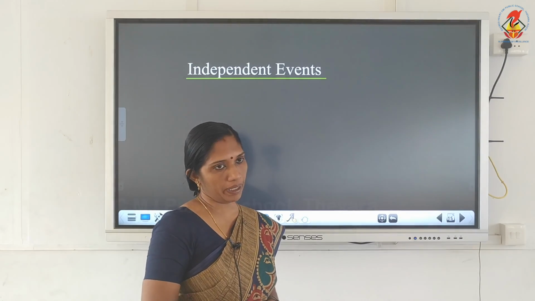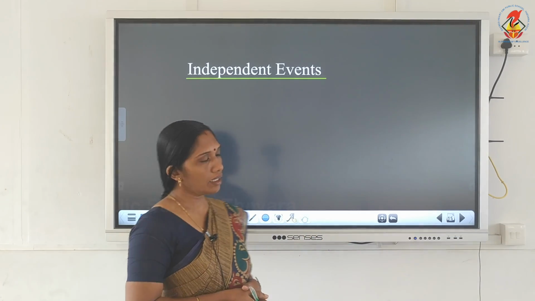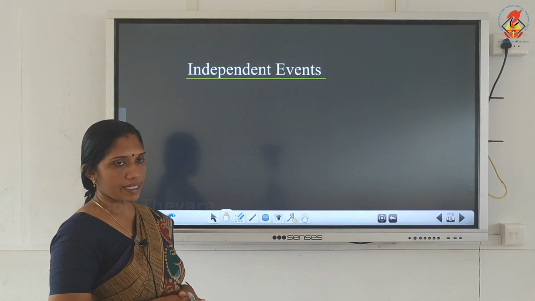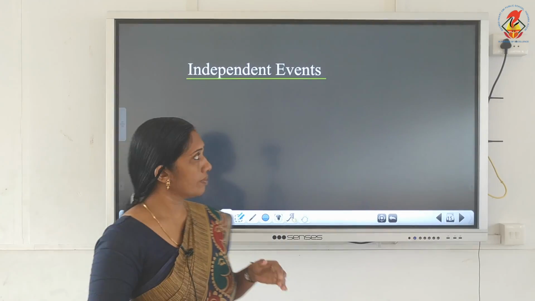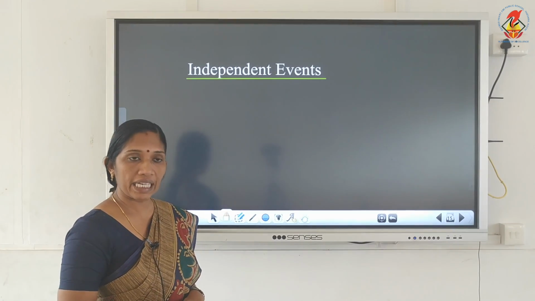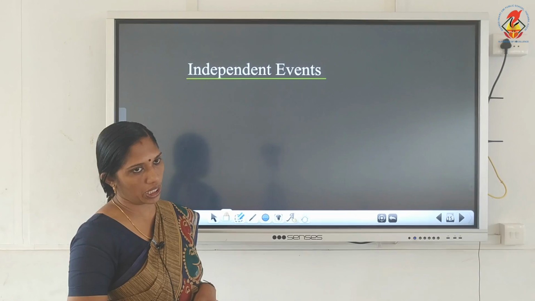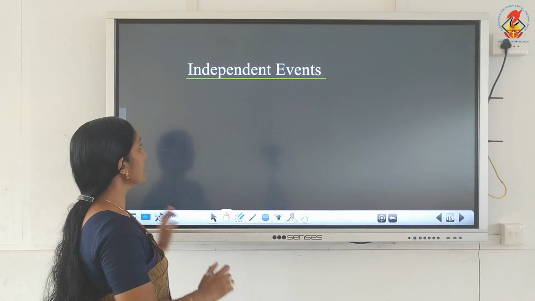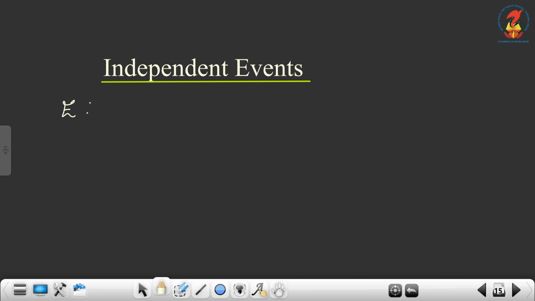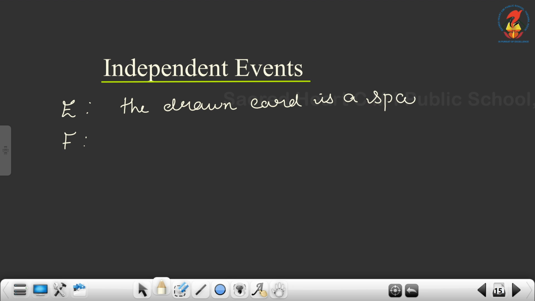They are not depending on each other. For example, consider the experiment of drawing a card from a pack of 52 cards, and let us define two events E and F. E means the drawn card is a spade, and F means the drawn card is an ace.